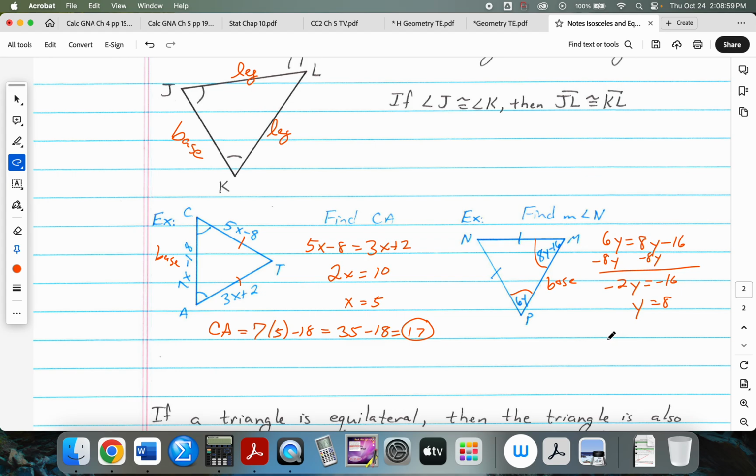Then on this one, they throw kind of a curve at you. They say, find angle n, and they gave you nothing about angle n. Anytime stuff like that happens, find what you can find. We can find the measure of angle P. It's going to be 6 times 8, which is 48. And then I know angle P and angle M are the same size, so this is 48 also.